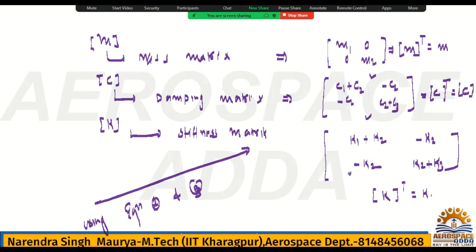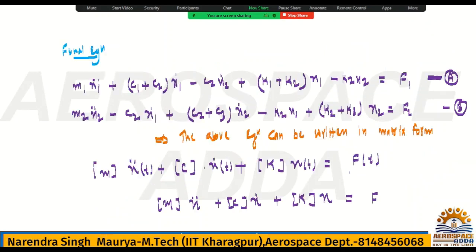Okay, anyway, now we have to apply the cases. This is the complete equation for forced vibration. If you want to write the final equation, this is the equation.